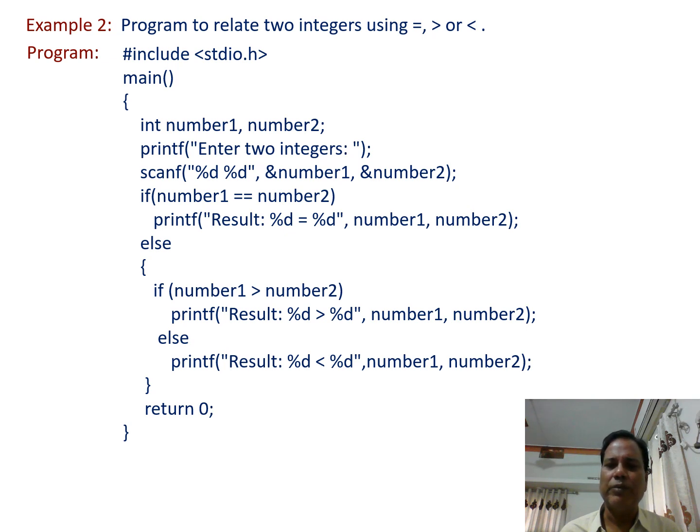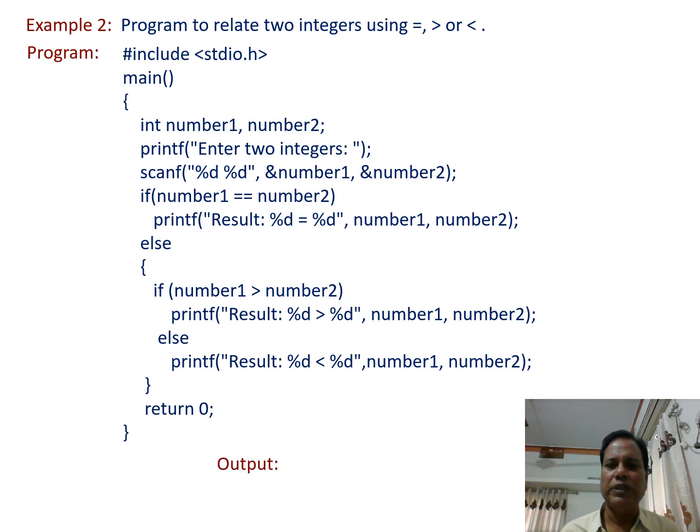So the value of number1 gets printed at this point, and greater than %d, the value of number2 is printed at this point. If number1 greater than number2 becomes false, then the else part is executed and we print the result colon, then at this point number1 is less than number2 gets printed.